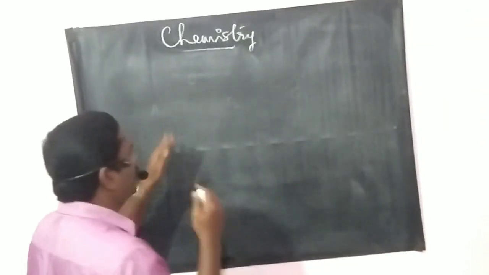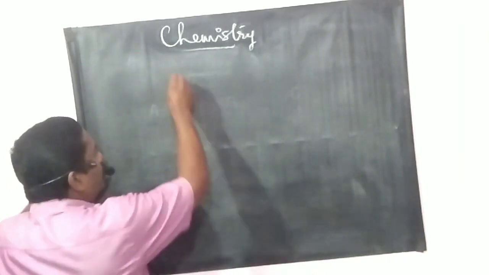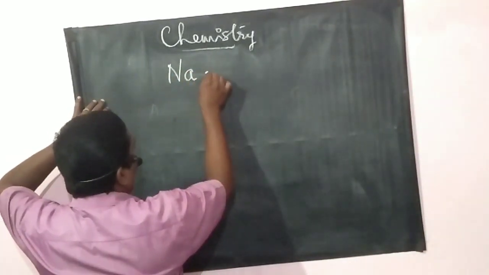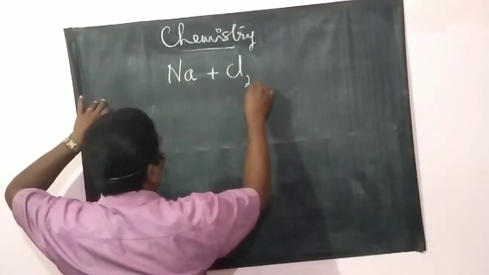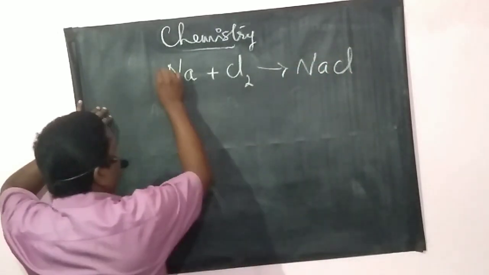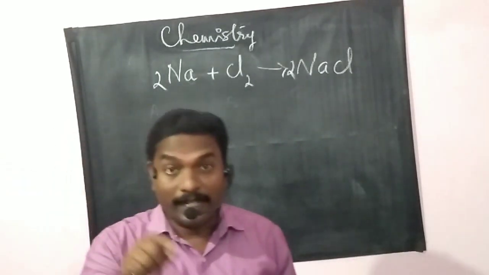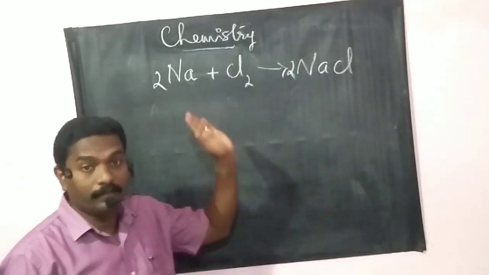See, let us consider one more redox reaction. Na, sodium, plus chlorine gives sodium chloride. Is this reaction a redox one?